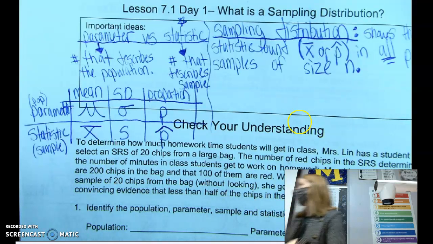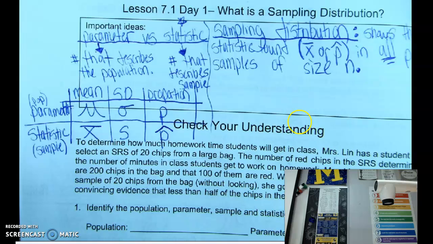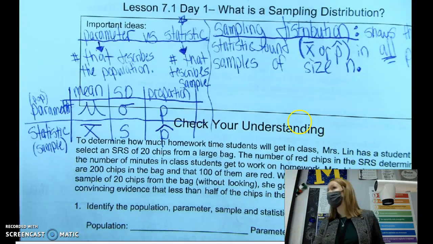If I were to actually do this in class and we had 27 of you and you had to find all possible combinations of 2 scores, that would take you a very, very long time, right? So a sampling distribution is a lot harder to attain the higher your sample size is, right?